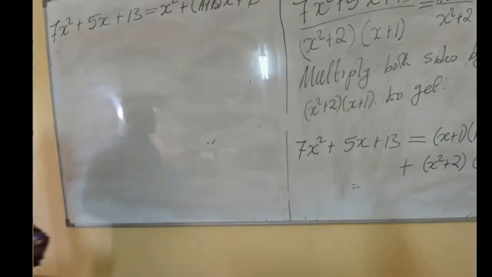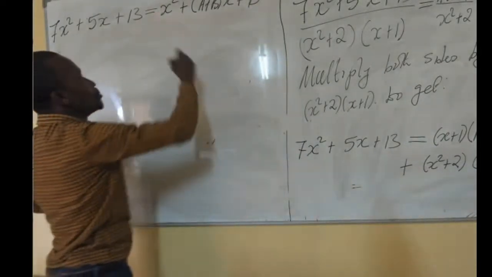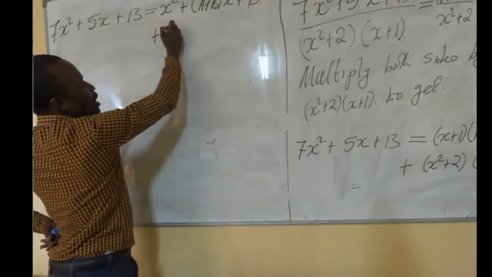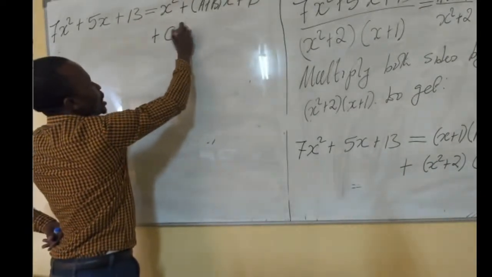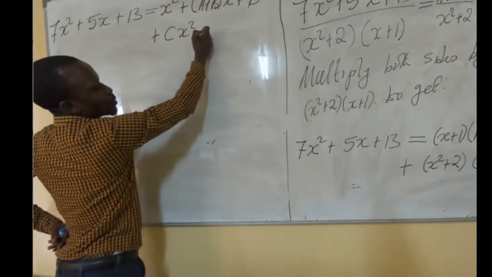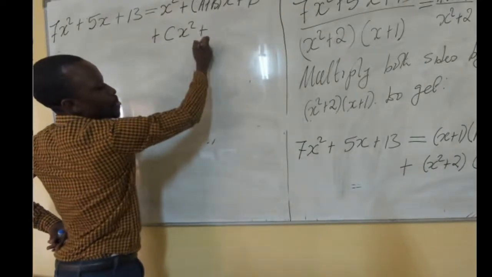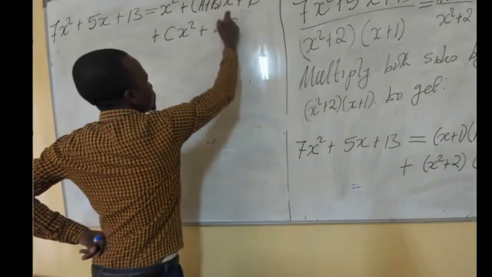Okay, so this is what we are going to get. Then plus cx squared plus 2c.